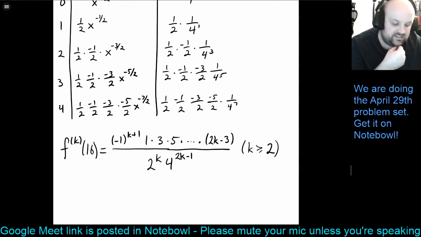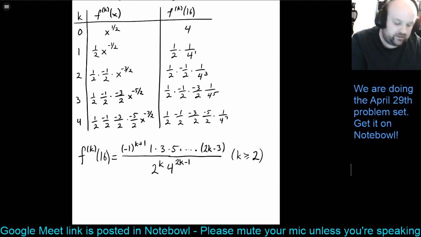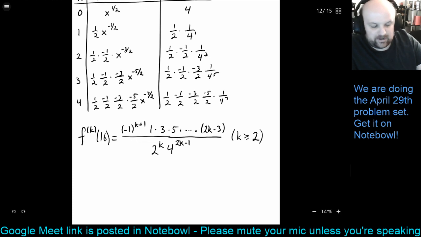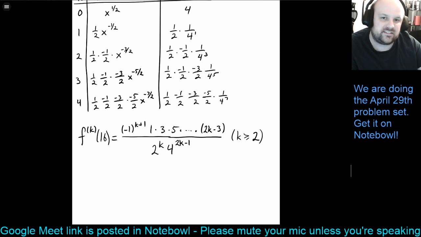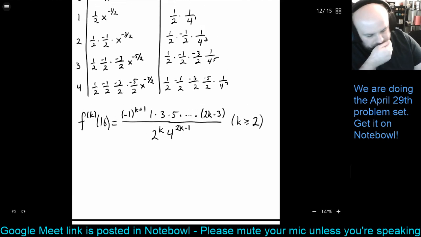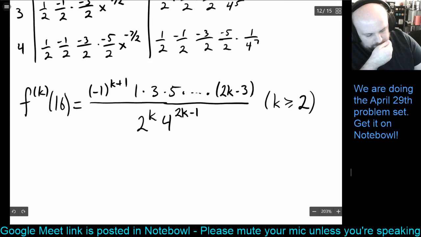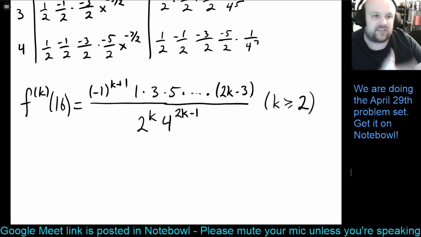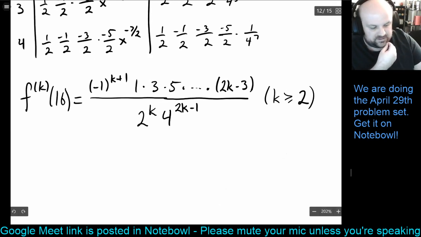Now that's not necessarily a bad thing. We could just write out the first 2 terms and then write an infinite series that starts at k equals 2. But there is a way to make this big product look better, to bring in factorials, in other words.